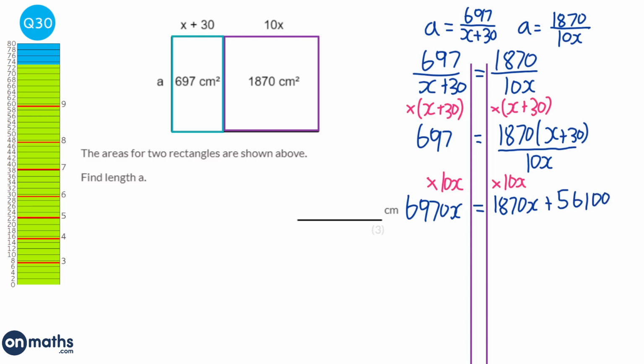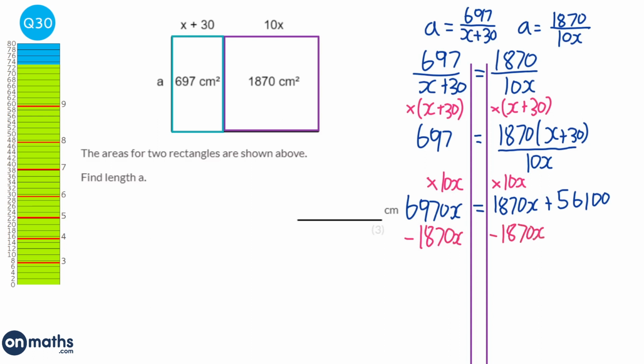Yep. Okay, so now we've got x's on both sides. So we look and see which one is the smaller amount of x, which is the 1,870. And we're going to take that away from both sides. So take away 1,870x from both sides.